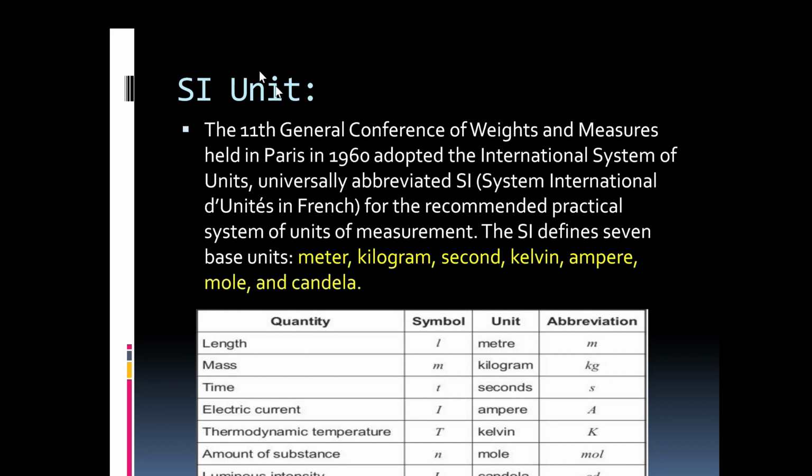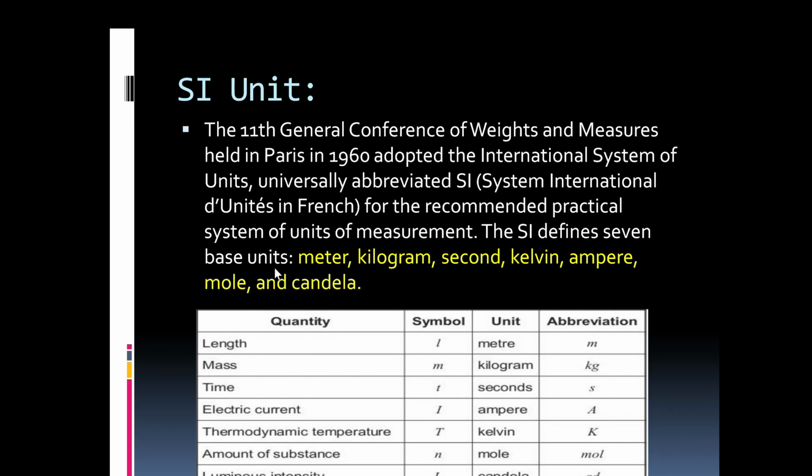So according to the SI unit, we have 7 base units, and we have expressed several derived units from these base units. Base units means units used for base quantities.